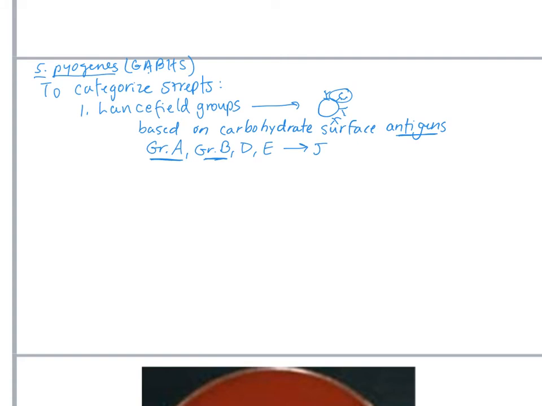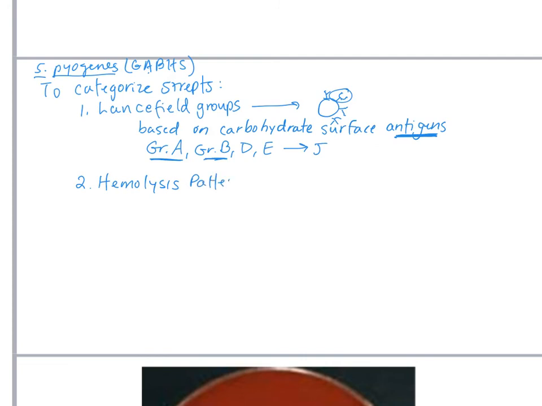The other way, which we're going to rely more on in lab because we can actually test it, since using antibodies is a little bit beyond what we're going to do in introductory lab here, is to categorize streps based on their hemolysis patterns.